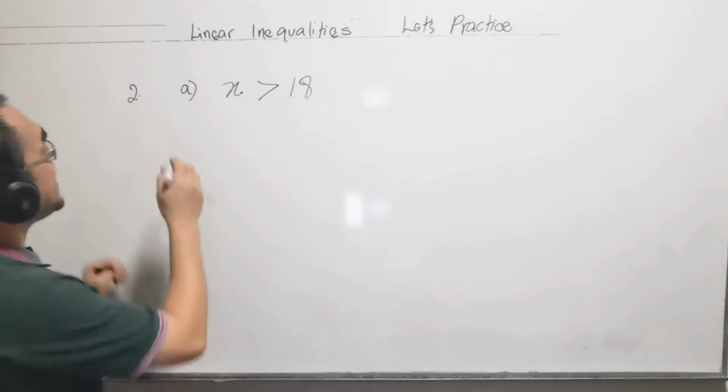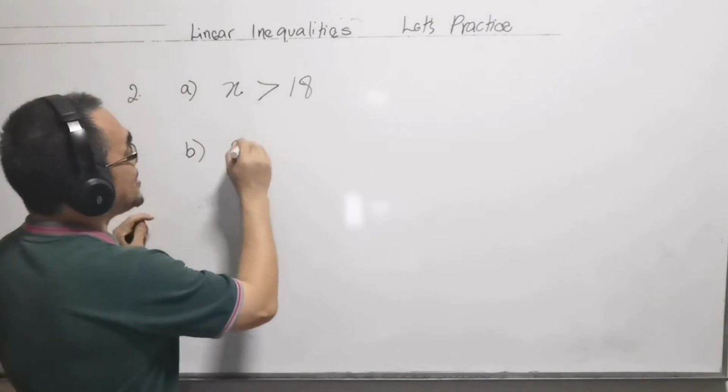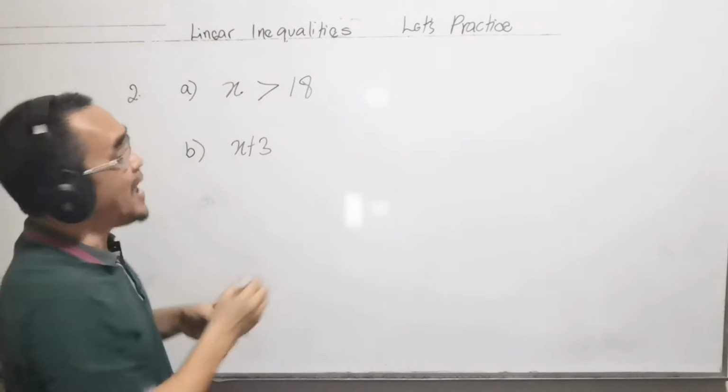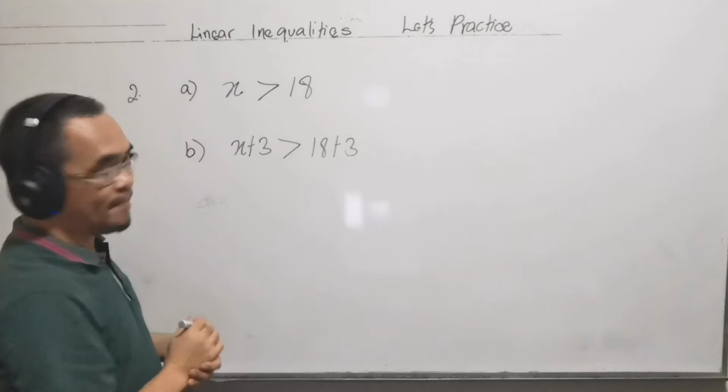B, after 3 years, Stella will be X plus 3 and the son will be 18 plus 3.